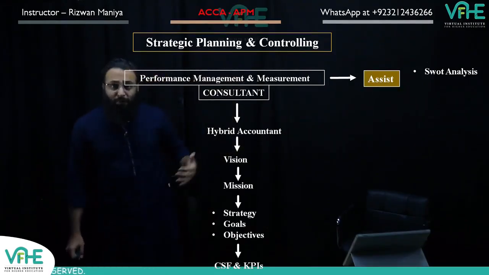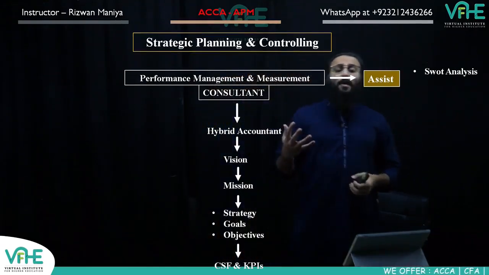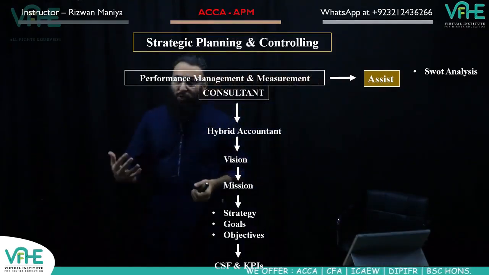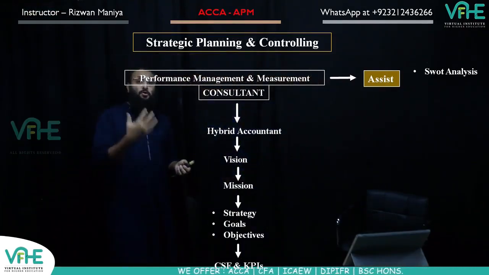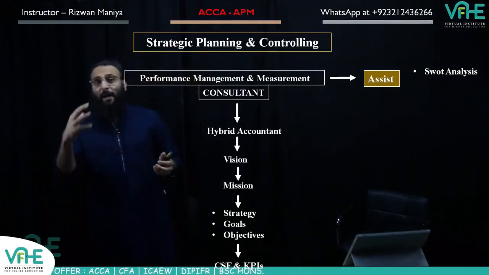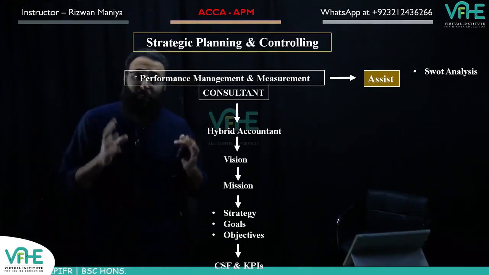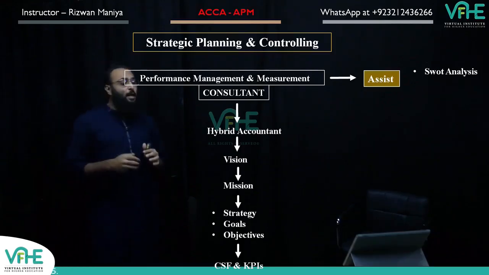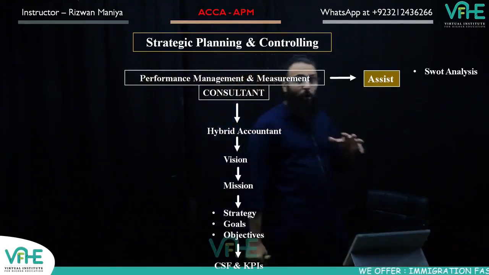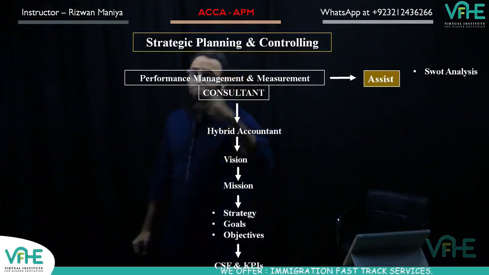All these four collectively give the business the idea of what their major strengths are, how they can convert their weaknesses into strengths, what opportunities are there in the market which they can use and benefit from, and what the threats are where they need to keep a very watchful eye. So SWOT analysis in APM focuses on the impact of SWOT on business performance management and measurement.